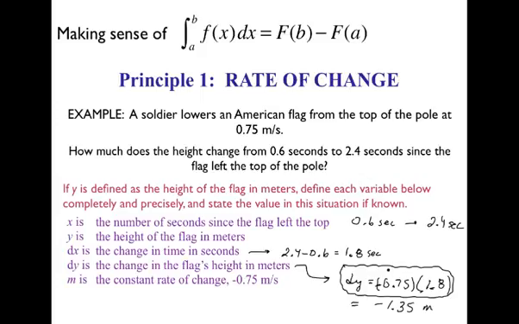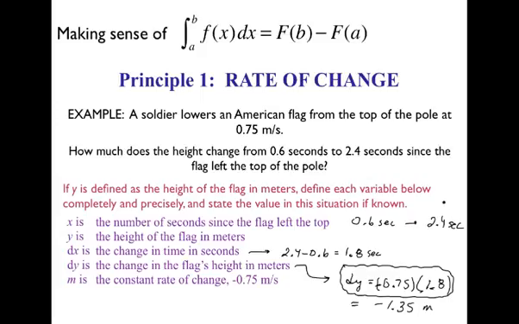Okay, any questions on that? Yes, please. So in this case where you're given an interval, would you say x is the interval, or would you say x is just 2.4 because that's the time that's elapsed? So you think of x as varying. They gave us a starting value of x and a finishing value of x. So it starts at 0.6 and it varies to 2.4.